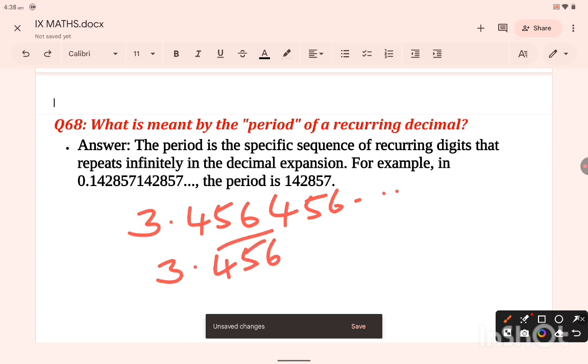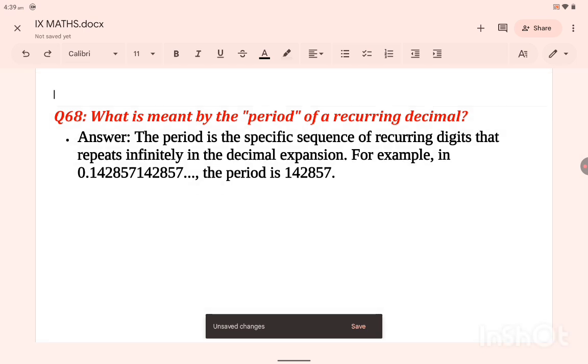The digits in the recurring part, that means 456, is the period of the fraction 3.456456456, a non-terminating recurring decimal.